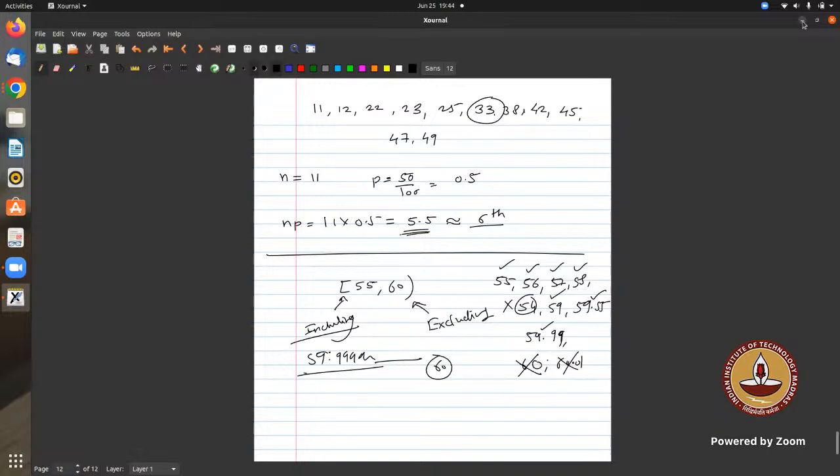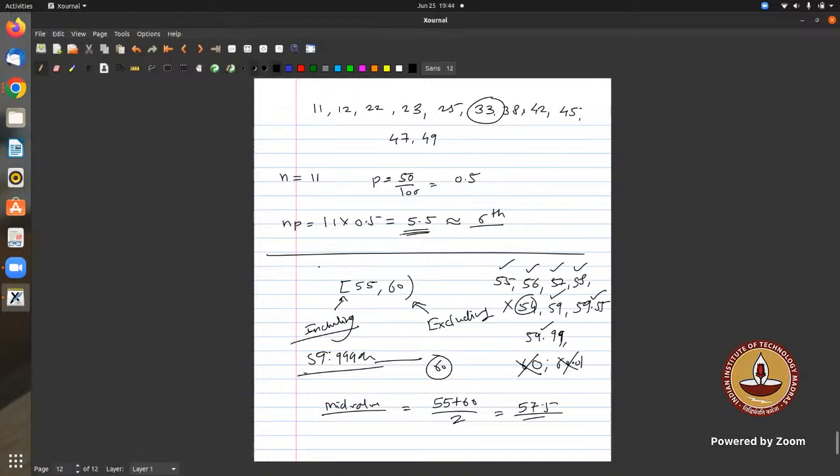That is the thing. Now, one more thing. If I wanted to find the middle value of the class, how will you do that? It should be 55 plus 60 by 2. But 60 is excluded now, sir.